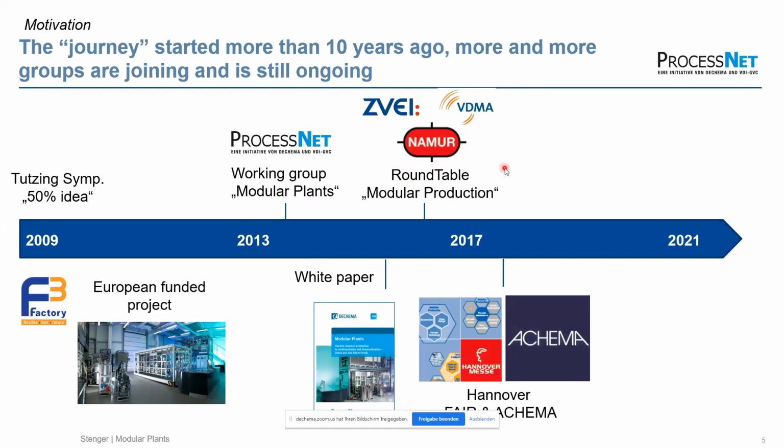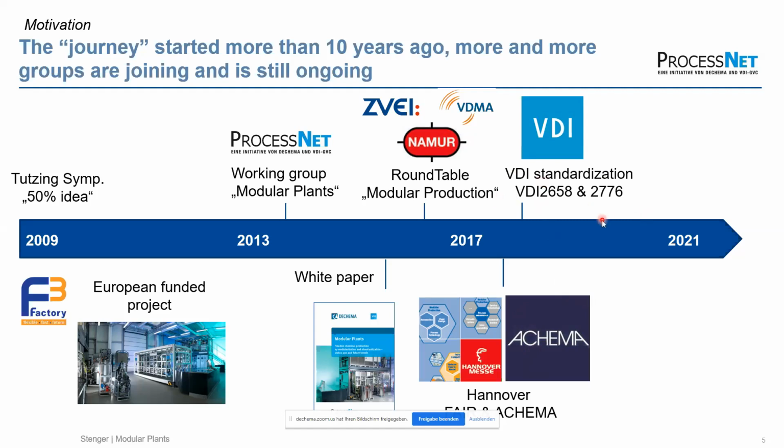And first outcome were joint dissemination activities on the Hanover Fair and Aachener Fair on that topic as well since 2017 ongoing. And we also started standardization work on these topics first starting with national standards under these two numbers.